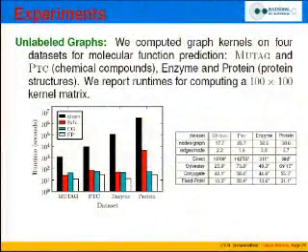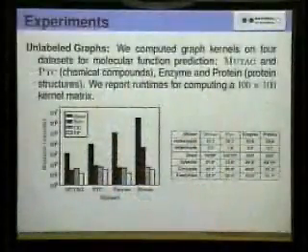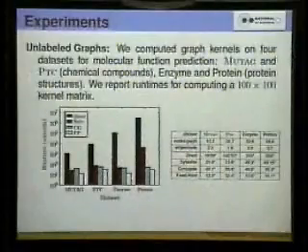And then these are some semi-real experiments, where you looked at unlabeled graphs, and there are three different datasets where I think MUTAG and PTC are essentially chemical compounds which are modeled as graphs. These are again small datasets, and then there's this enzyme and protein data structure which is, I think, about 1,200, or sorry, it was 2,000.